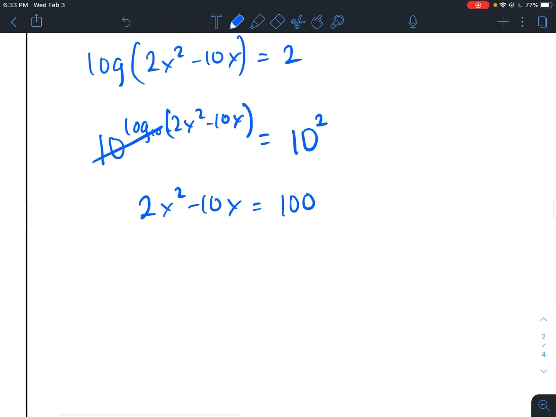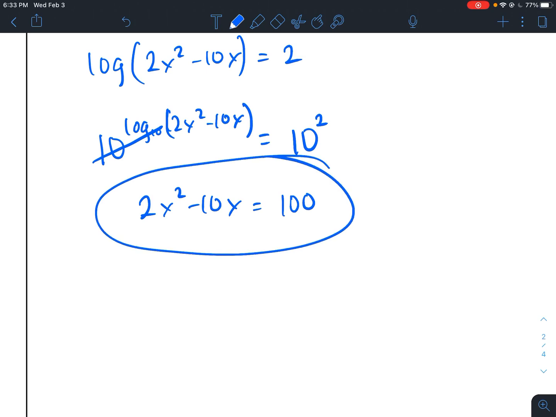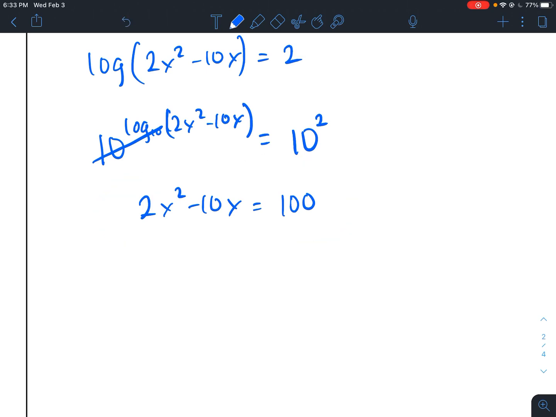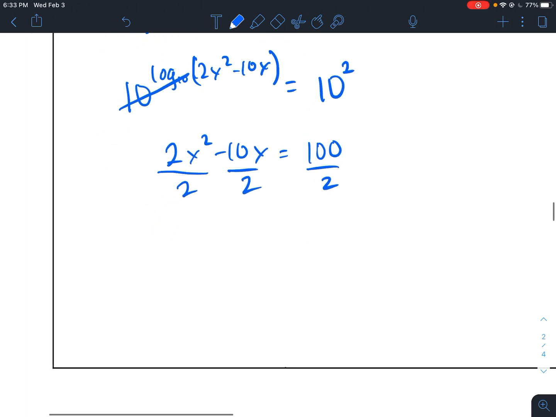Notice that everything can be divided by 2. So I divide this by 2, this by 2, and that by 2. I'm left with x squared minus 5x equal to 50.